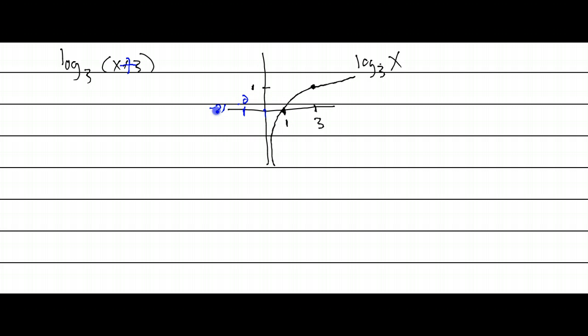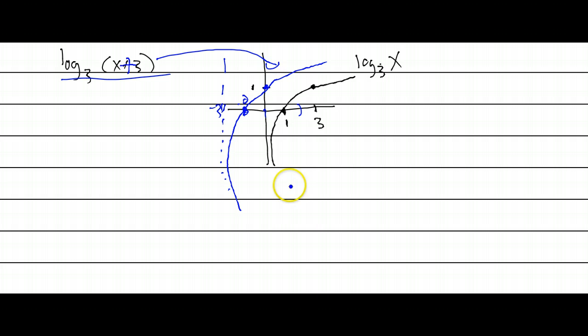And this is negative 3. So our vertical asymptote is going to be at negative 3. This point belongs here. Move this over 3 units. So that point is there. So it still follows the same pattern. So it goes like that.